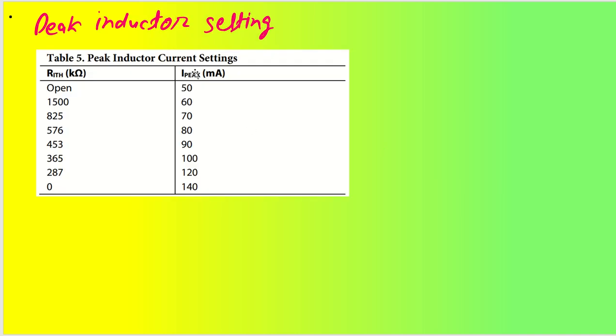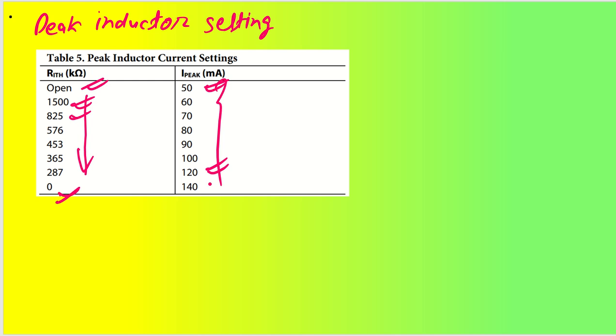Coming back to one of the more important parameters, which was the peak current setting. If you keep RITH open, then it will be 50 milliamperes, and similarly as you keep on increasing these values, like 1500 kilo ohm or 825 kilo ohm, something like that, then you can set these kinds of values, right?